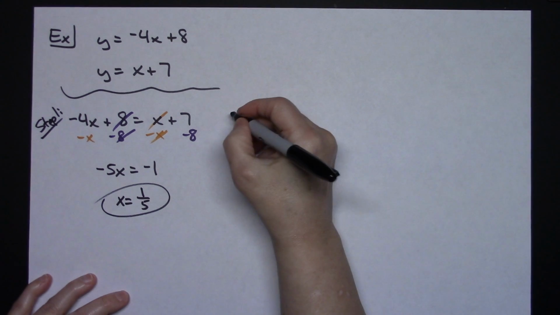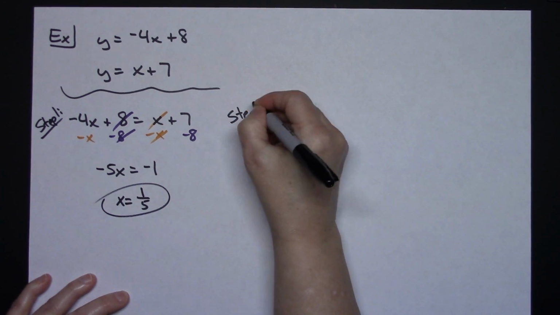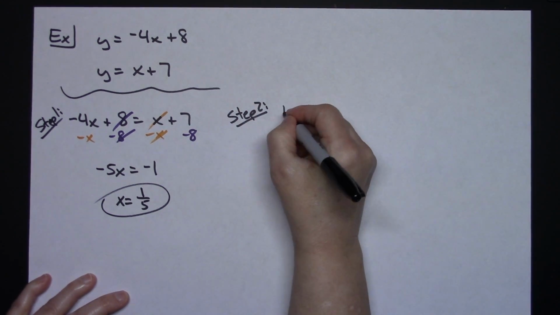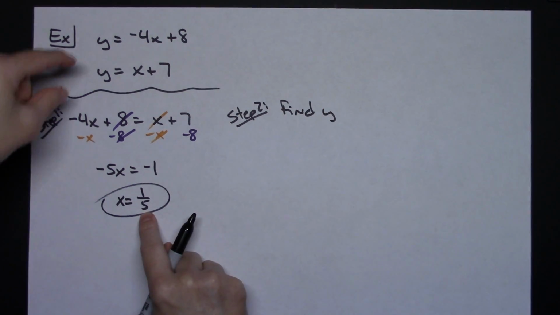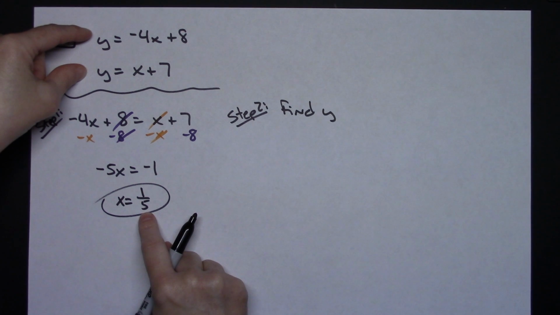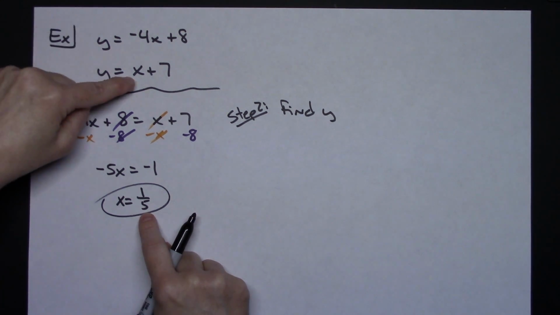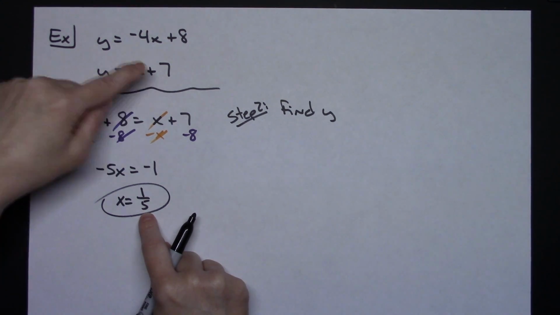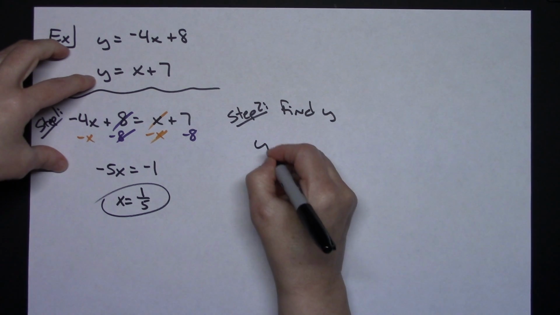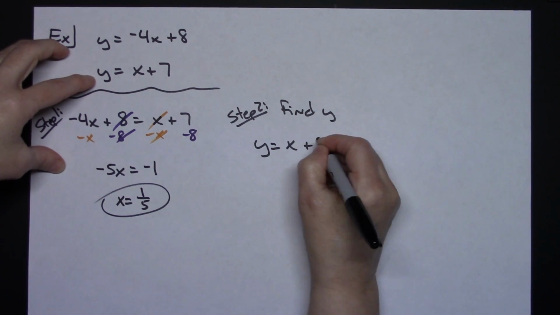Then step 2, all I need to do now is find my y. So find y. I can again take either one of these two equations and plug x back in to find the y. Honestly, this one is going to be the easiest because I can add 1/5 and 7 in my head pretty easily. So I'm going to use the y equals x plus 7 equation.